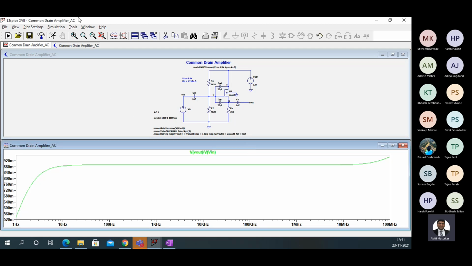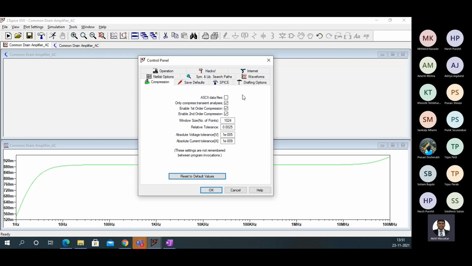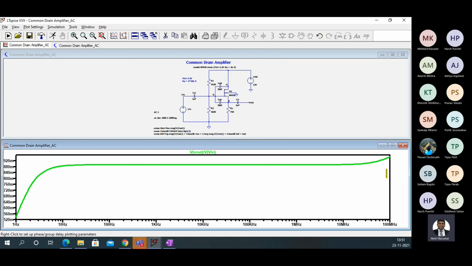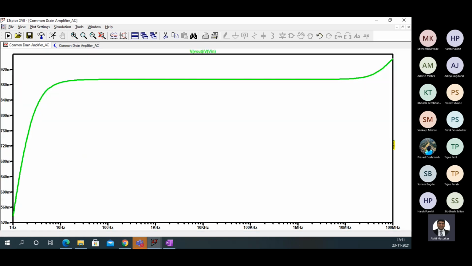And now if you want this to be a little darker, you can go to control panel, go to waveforms and make this width as 4. So you can see that it's a bit darker.